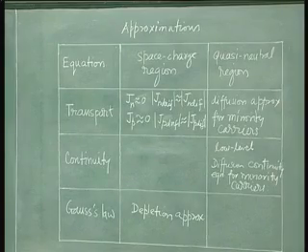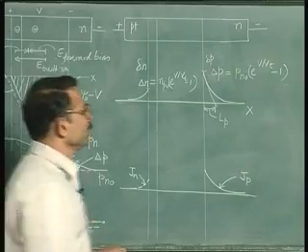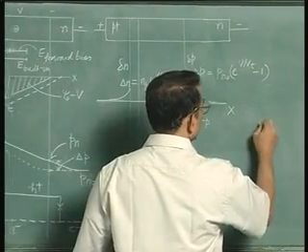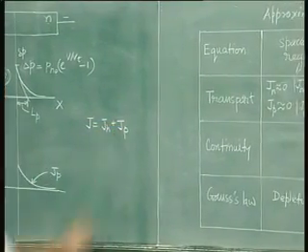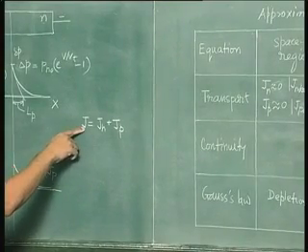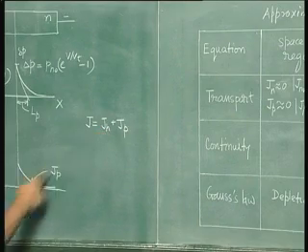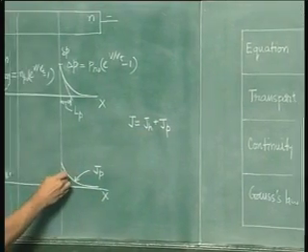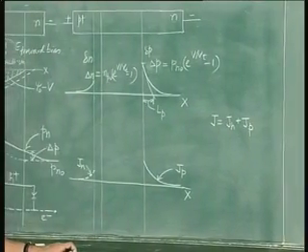Now, how do we complete this picture? If you want to get the total current, you know that J is equal to Jn plus Jp. So if I want to get the total current density, then at any x, if I know Jp and Jn, I can get the total current.